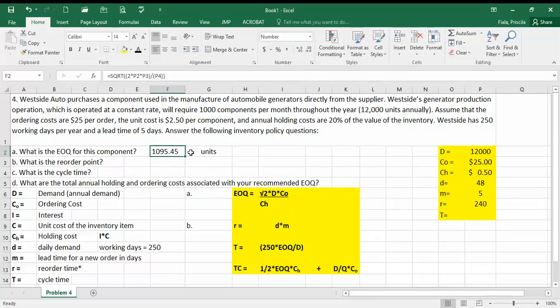You could round this up or you could round this down. You really have to look at all your values and the cost and make a decision. Is it a better choice to round this up or to round it down?